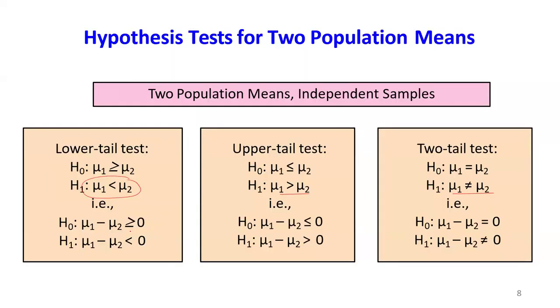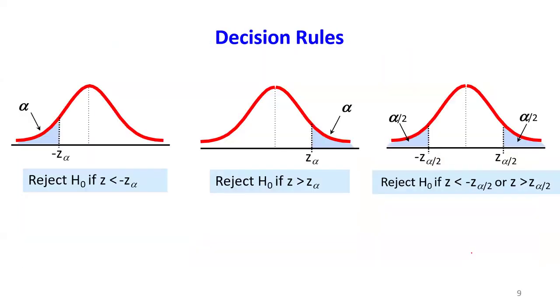In some books you may find the hypotheses formulated in a different way, where mu2 is taken to the left-hand side. When dealing with a particular problem, you can formulate the hypothesis in whatever way you want, and then solve the problem accordingly.